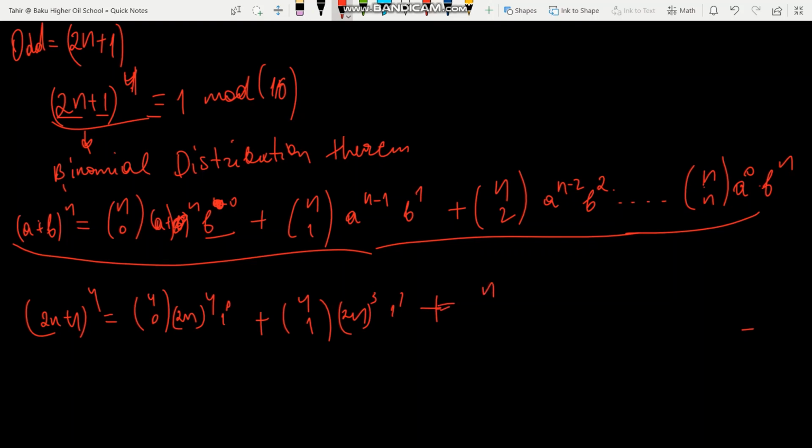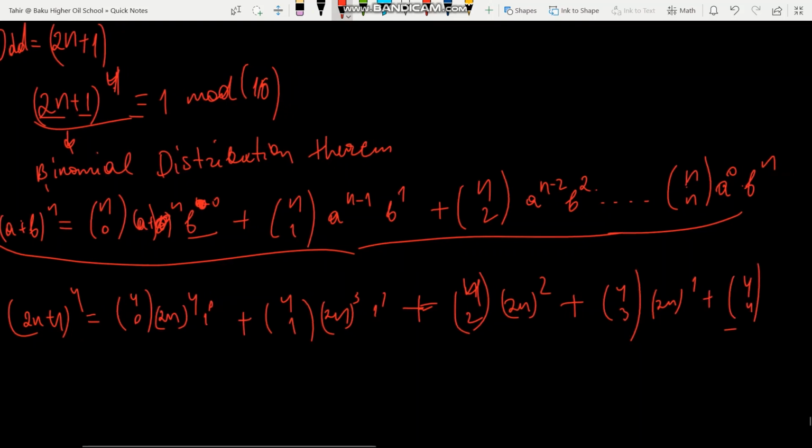And the third one is C(4,2), 2n to the power 2, again I will not write the 1, and this is C(4,3), 2n to the power 1, and the last one is C(4,4), 2n to the power 0, 1 to the power 4, and it's just 1.